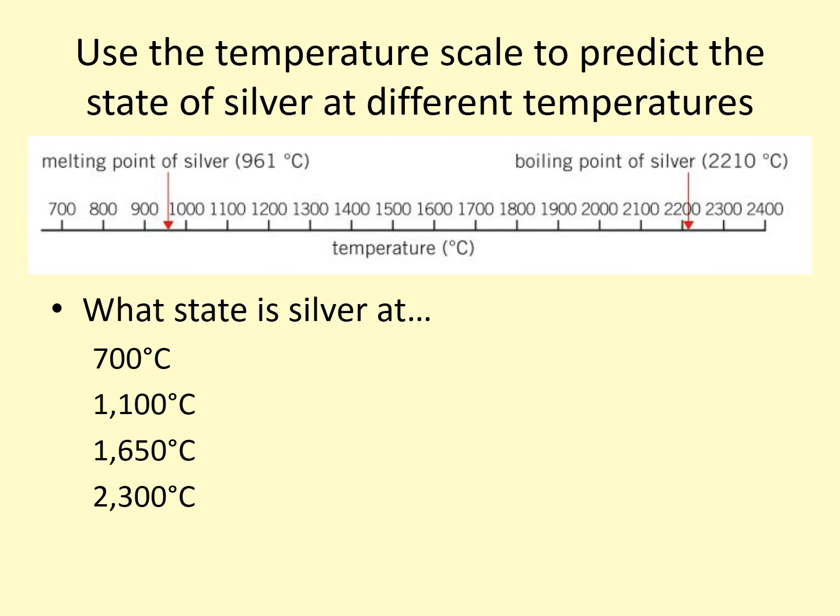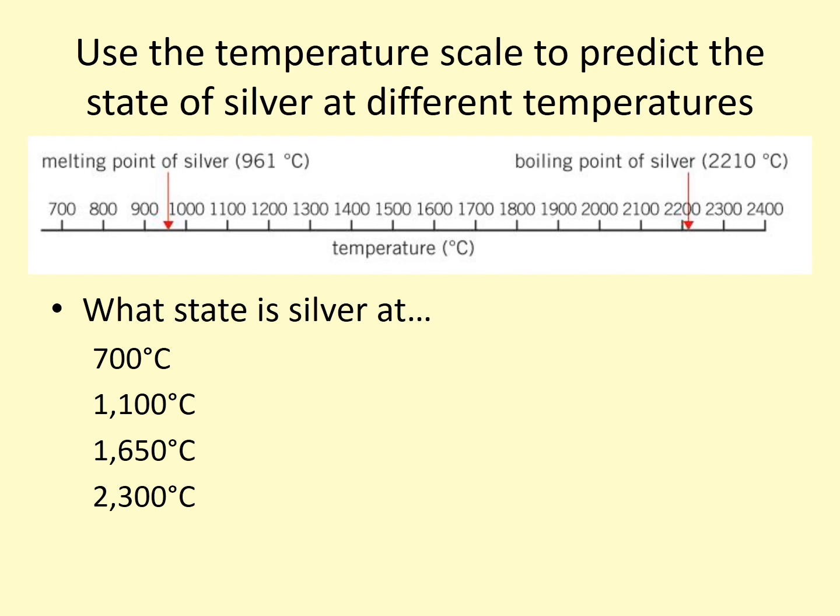So what is the state of silver at 700 degrees C, 1100 degrees C, 1650 degrees C, 2300 degrees C? So if you think you can do that already, pause the PowerPoint now and write down your answers. If you don't think you can do it already, keep listening.